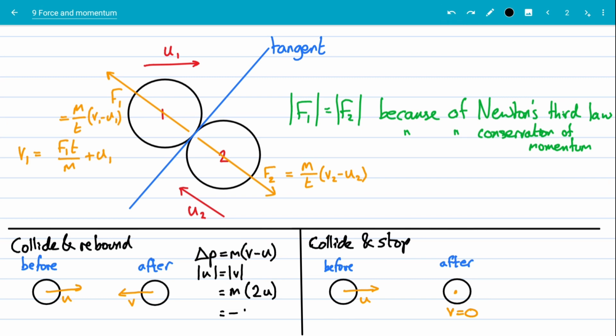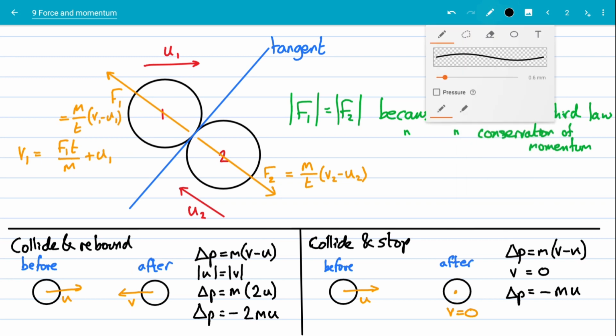So minus 2mu. That's the change in momentum. Whereas in this situation, change in momentum is still equal to m multiplied by v minus u, but v is 0. So because v is 0, then change in momentum is equal to minus mu. And can you see that it's half as much?